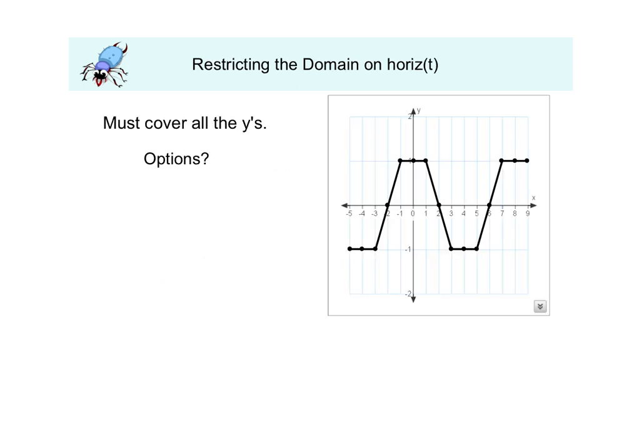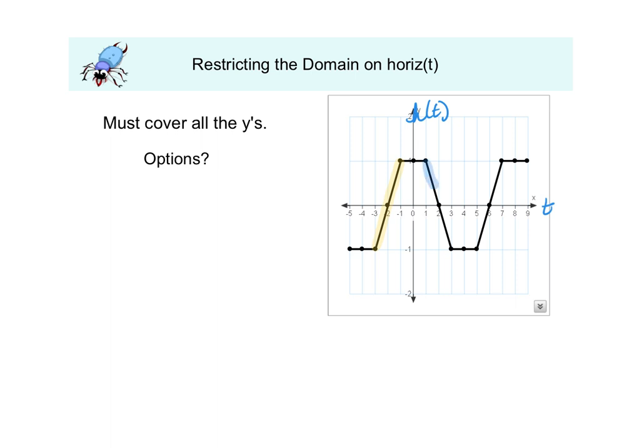So let's look at h of t first. We want to find an interval of x's so that we cover all the y's and it's 1-to-1. Now, there are several sections. This would be a section that covers all the y's from -1 to 1, and it is 1-to-1.